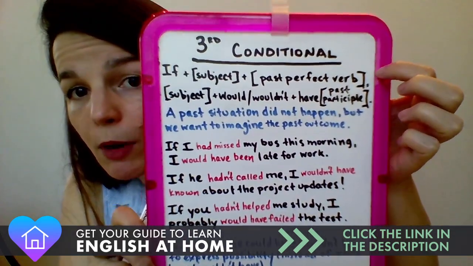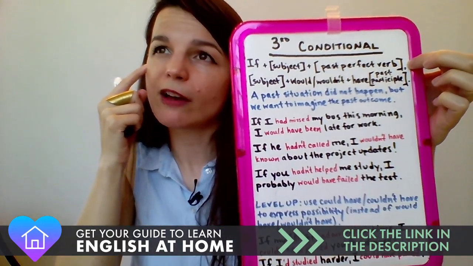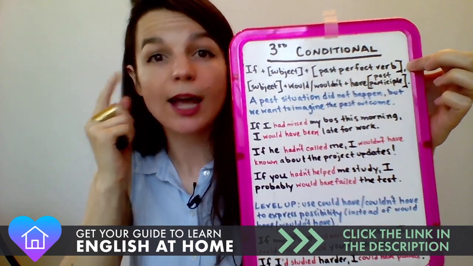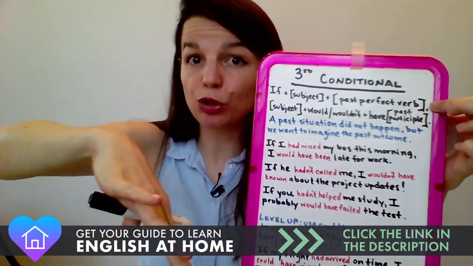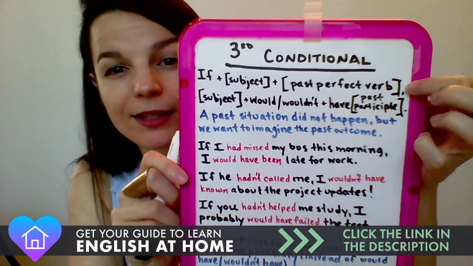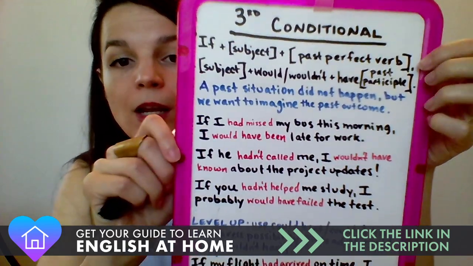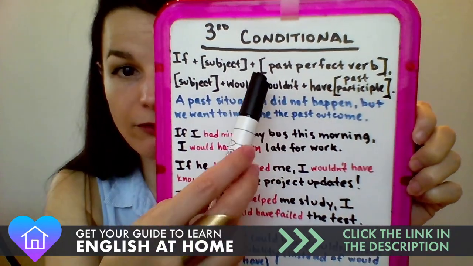If you don't know what past perfect is, I have a lesson on the YouTube channel. If you're watching on Facebook, please check the YouTube description. I will put a link to a past perfect lesson so you can understand this point. So if plus subject plus past perfect verb goes here.